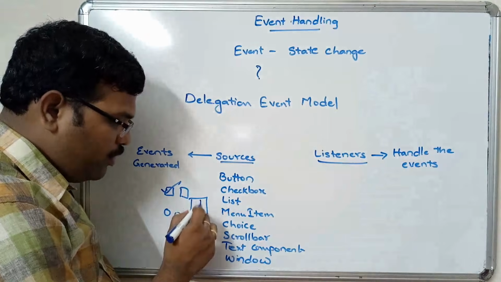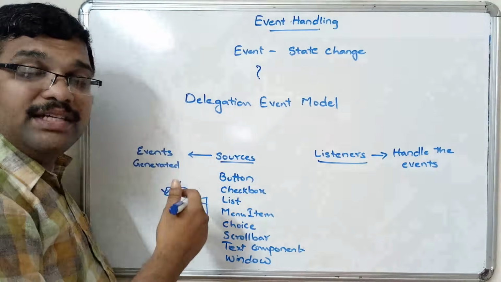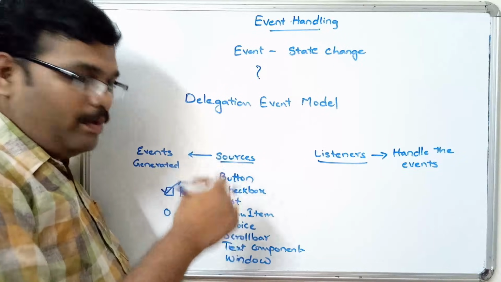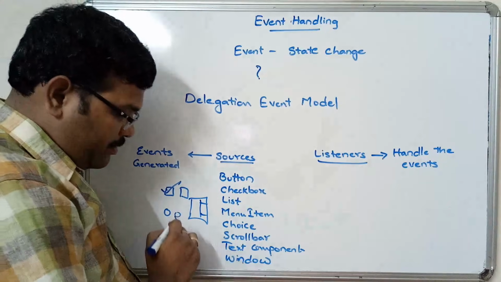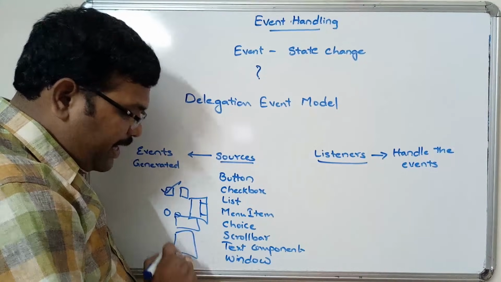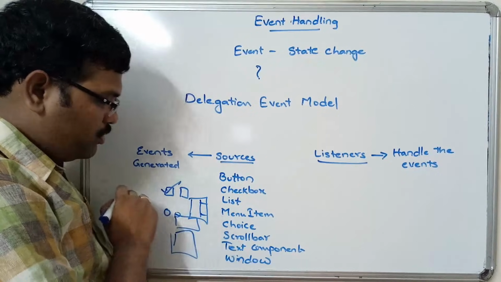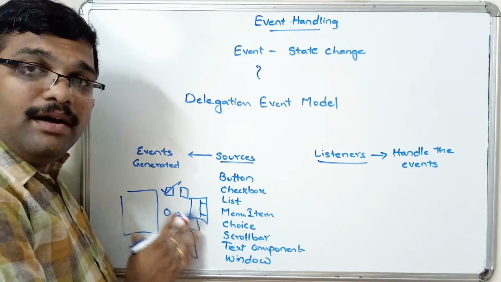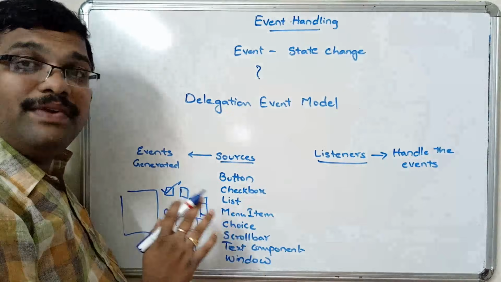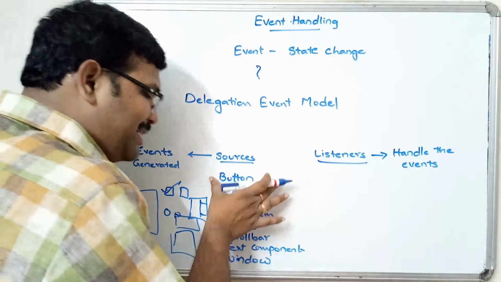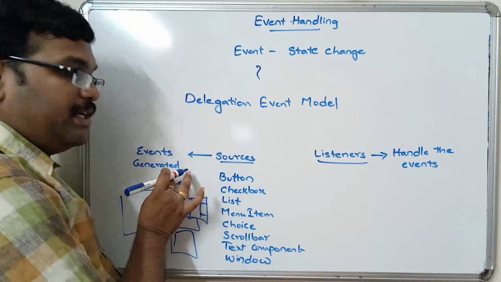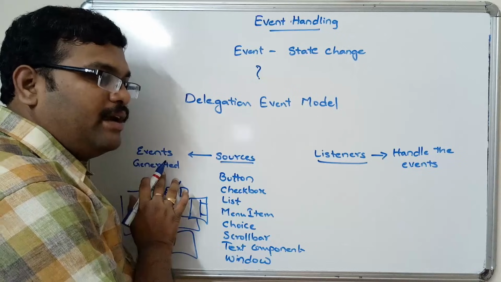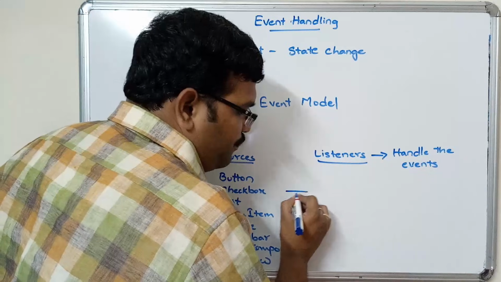Scroll bar, we know that if the text is greater than the component, automatically the scroll bar will be added. Text component, similarly text field and text area, and a window. So whatever the container we are using for these components, that we can call a window, right?